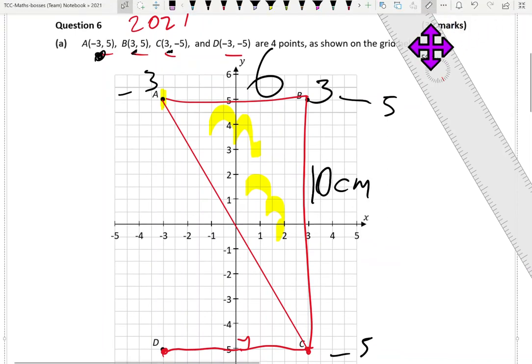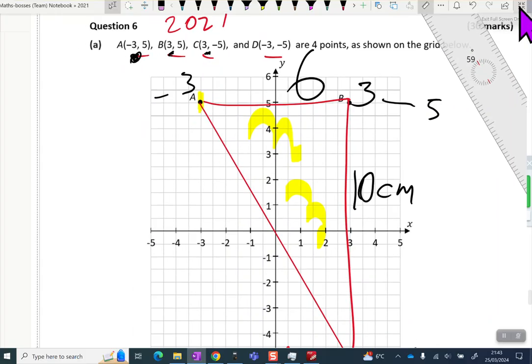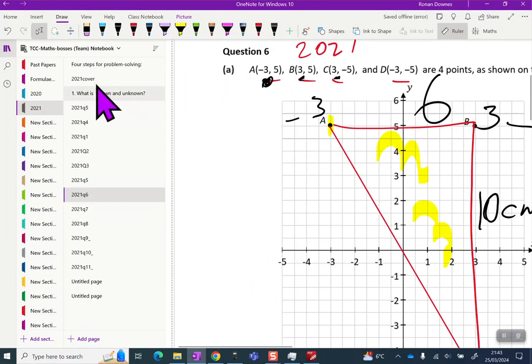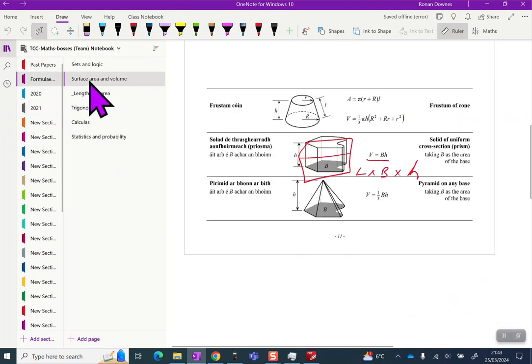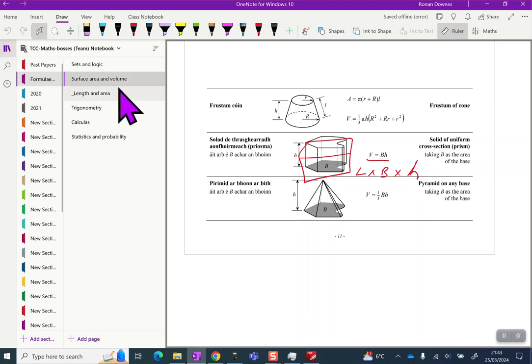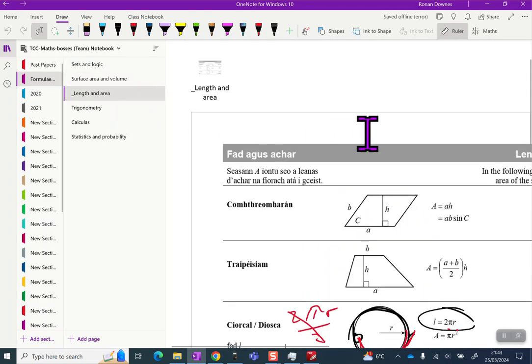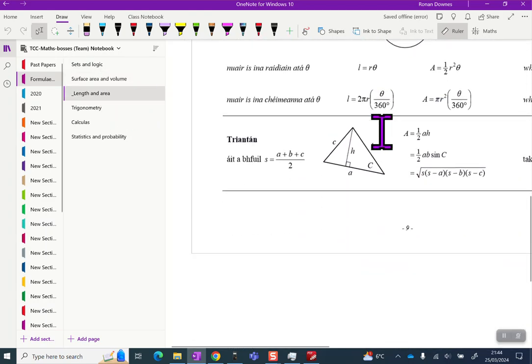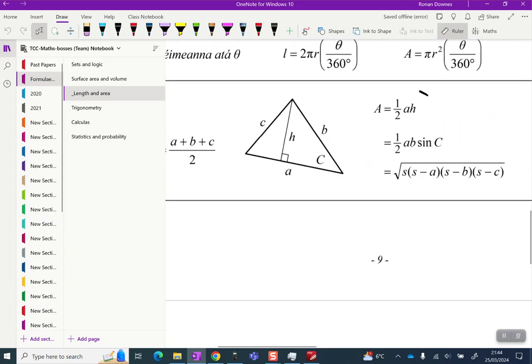Now, we should probably know the area of a triangle at this stage as base by perpendicular height. But let's go and look at it anyway in the tables. In terms of length and areas, we see here the area of a triangle is given.